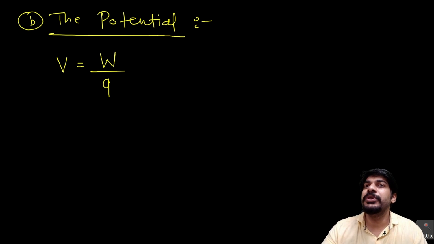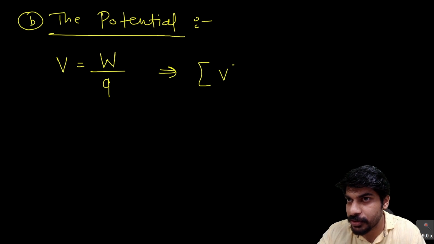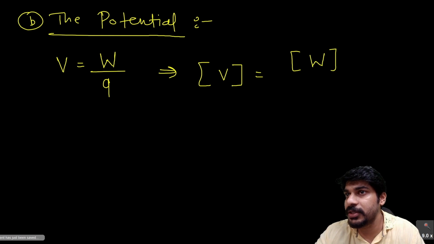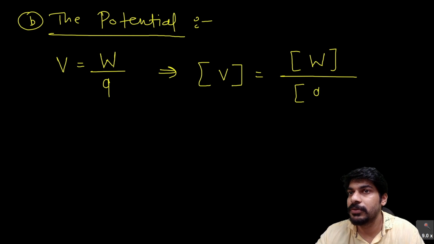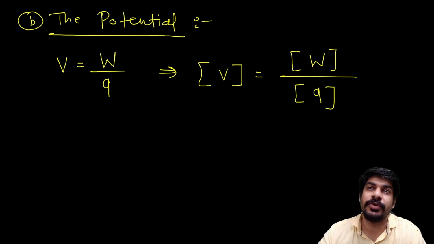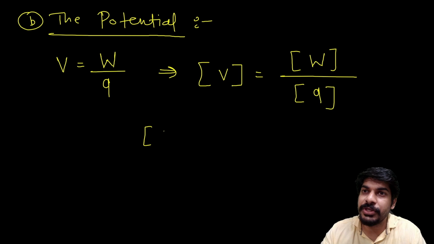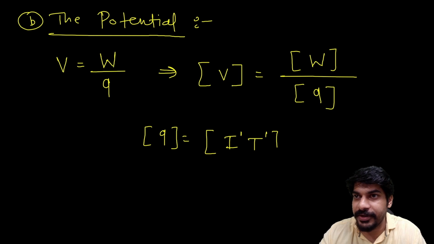That means the dimensional formula for V will be equal to the dimensions for work divided by the dimensions for the electric charge. Now we have just found the dimensions for charge. We know that the dimensional formula for charge is nothing but I¹ and T¹, right?